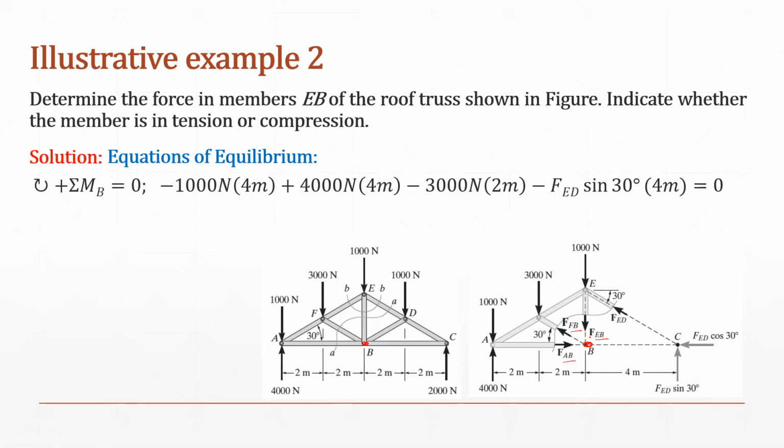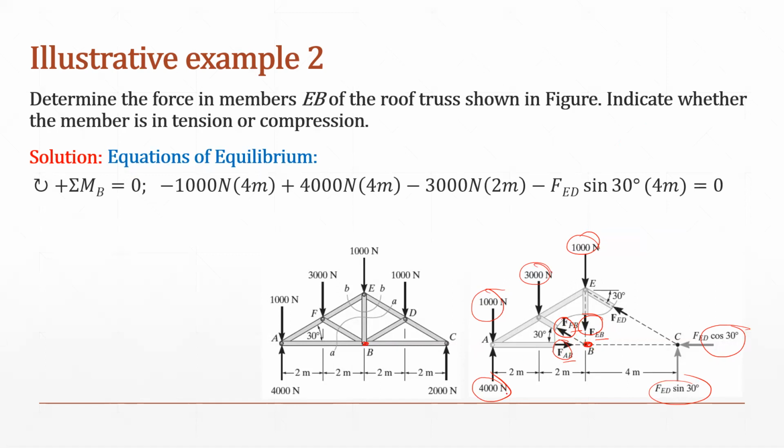We have so many forces, this force, this force, this force, this force, and this one, and this one. So we will find the moment of all these forces about point B. We know the moments due to forces FEB, FFB, FAB are 0, so that is why I have not written their moments.